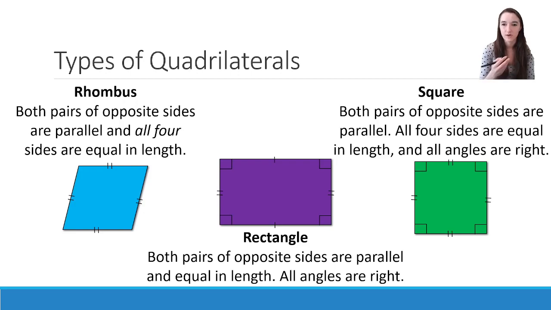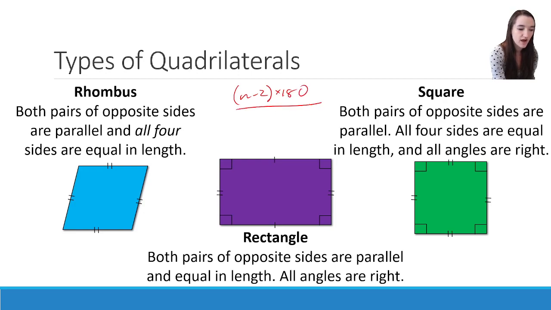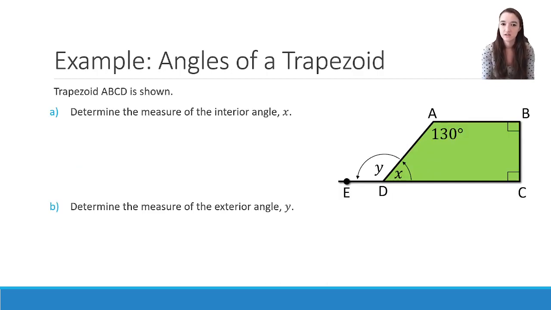Keep that in mind. Regular, all same sides. We can figure out they're all same angles by going through that formula, the n minus 2 times 180, and then we just divide by the number of sides to get what that angle is, in this case, the 90 degrees.